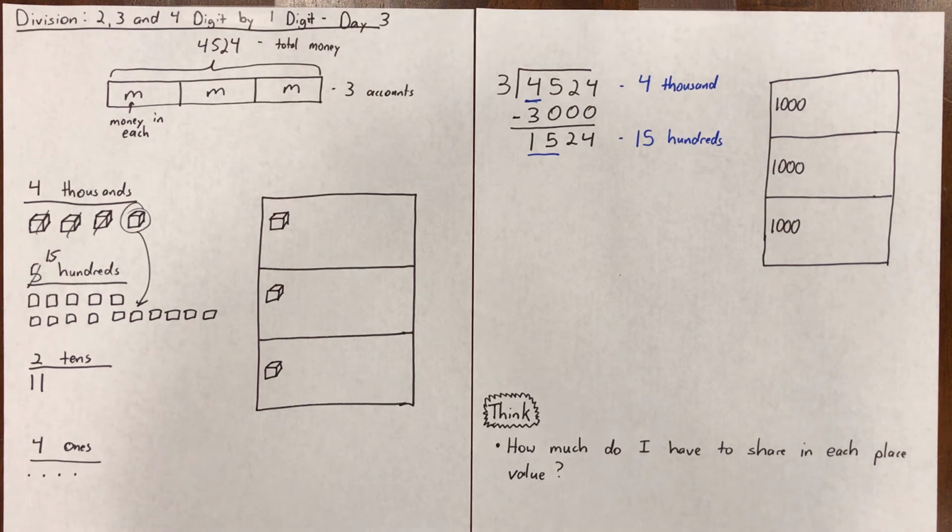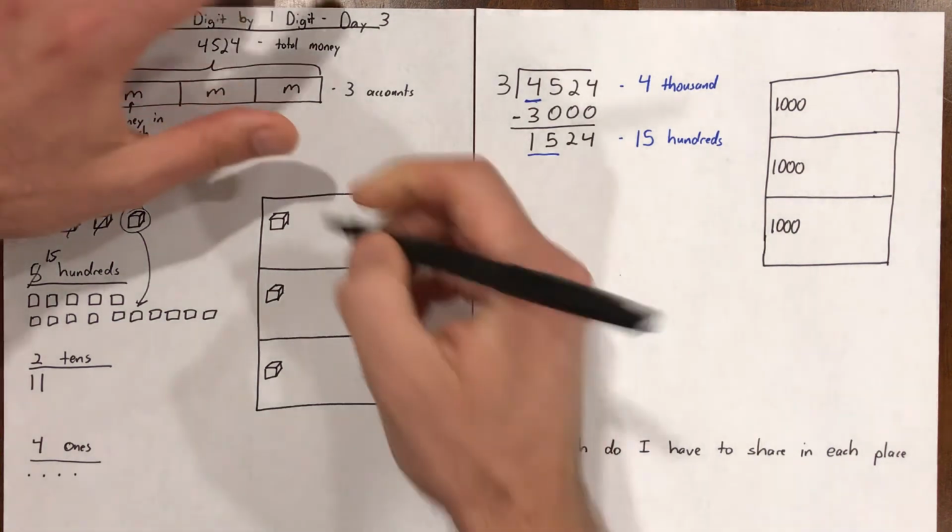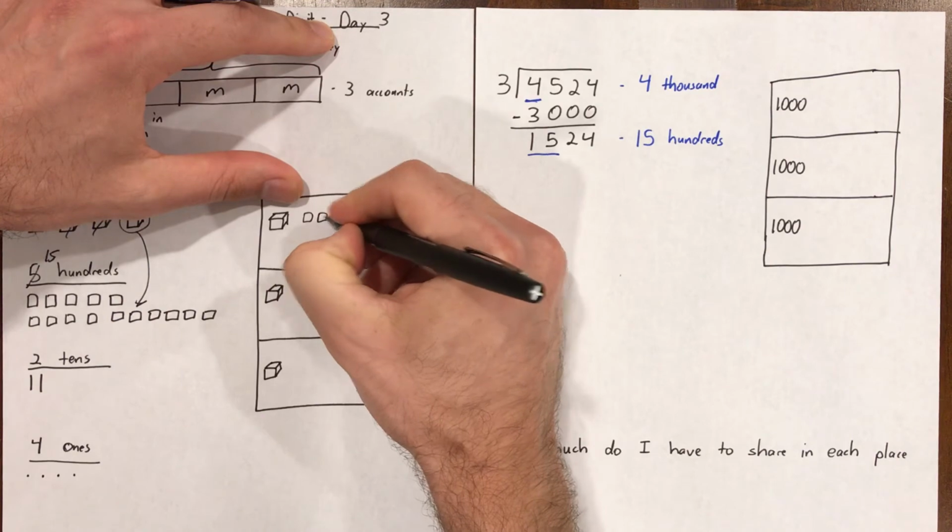Okay, now what? What do I need to do? Go ahead and say it out loud. Yeah, I need to share 1,500 into 3 groups, so I can think 3 times 5 equals 15. I'm going to know that way to share 5 hundreds into each of my 3 groups. So I'll add that to our picture.